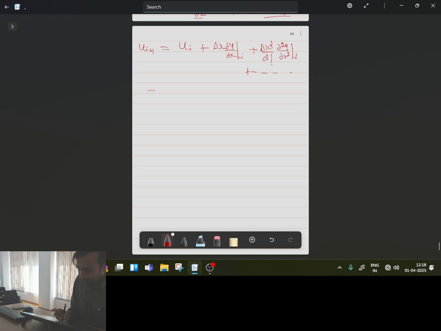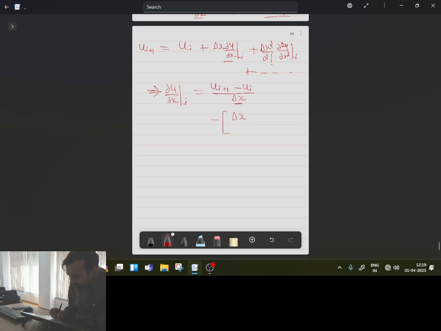Okay, now from here if I calculate the value of del u by del x at I, then del u by del x at point I is given in terms of u at point I plus 1 minus u at I divided by delta x, minus delta x square divided by delta x.